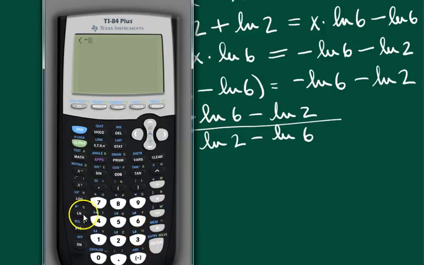So I need to be pretty darn careful about my parentheses because I have such an unpleasant mess in a quotient here. So that's the end of the numerator, divided by another set of parens, log 2 minus log 6.